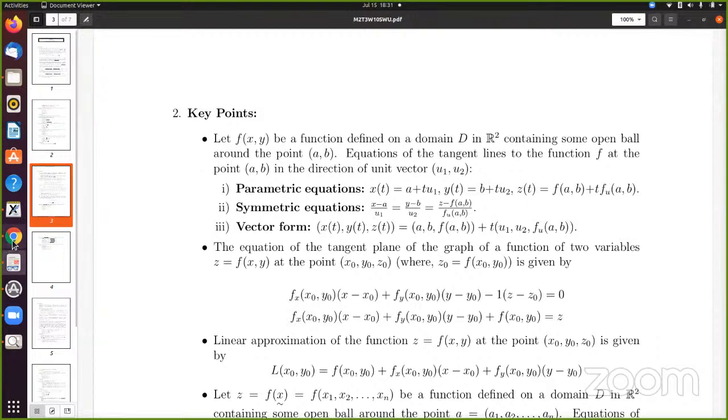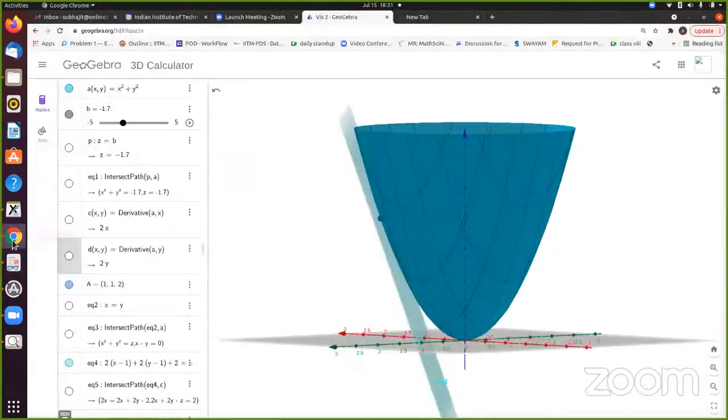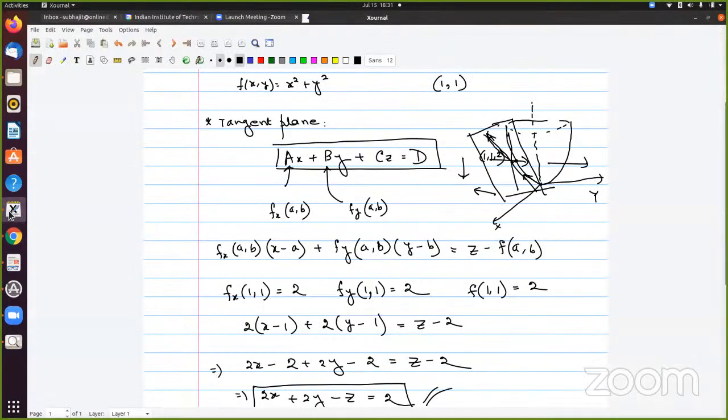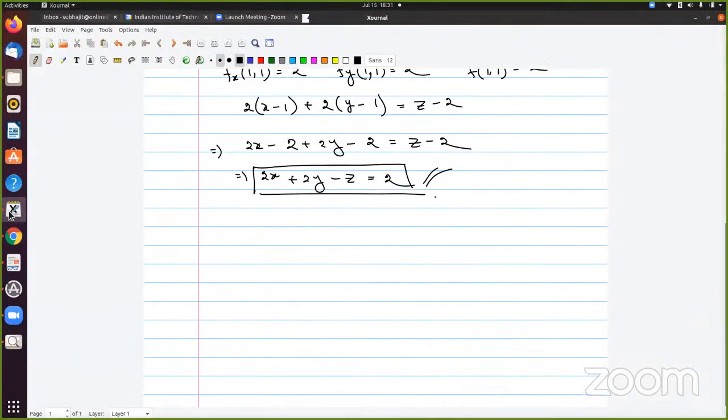So how will it depend on the vector? Let me write it. My point is a, b, and f(a, b). First of all, the line should go through this point (a, b). So the line contains this point. And what will be the direction? It should be u1. Then it should go via b also, I mean (a, b).